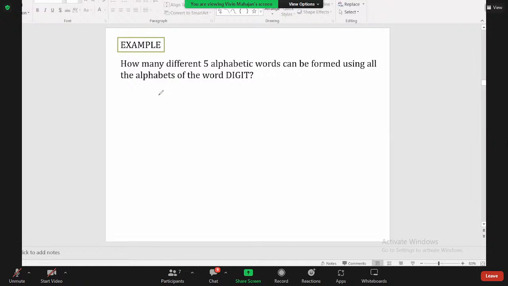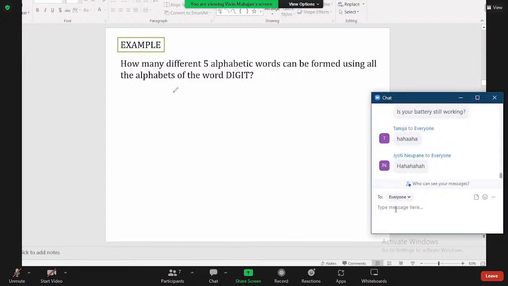Guys, what is the answer? Just tell me in the factorial form only. Okay, 5 factorial.